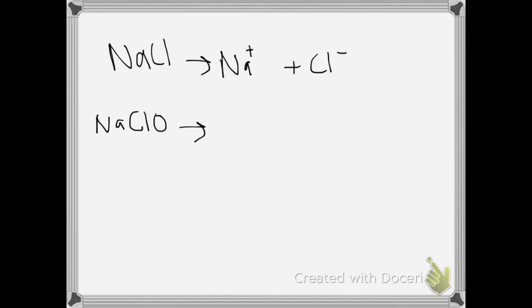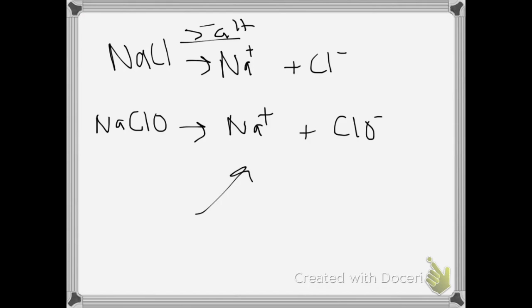If this went into your body, it would dissociate into an Na ion plus a ClO minus ion. So dissociation, these are salts. The definition of a salt: dissociation to ions other than hydroxide and hydrogen. Alright, cool. So that's where we'll stop this video, and next we'll pick up with the organic molecules.